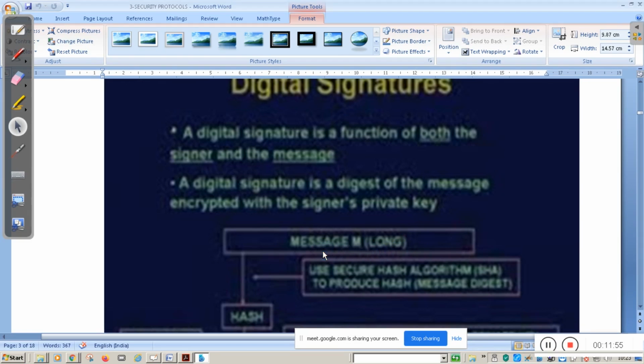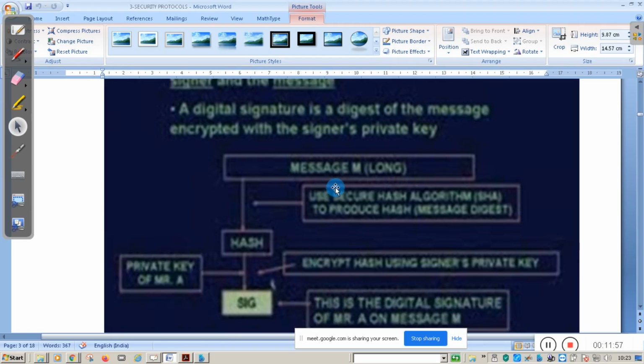So how does a digital signature work? It works like this: take message M. By using a certain hash algorithm, the hash value of the message is calculated, which is also called the message digest. By using a hash algorithm such as SHA, it will calculate the hash value of the message.